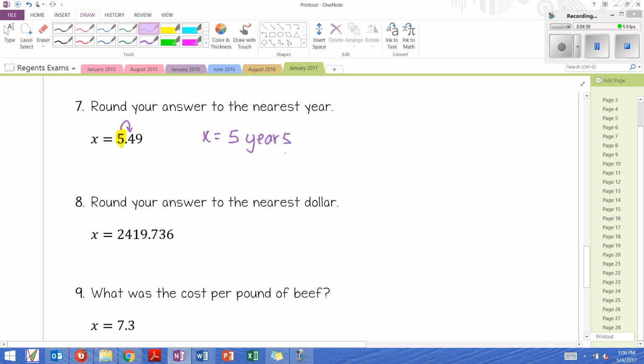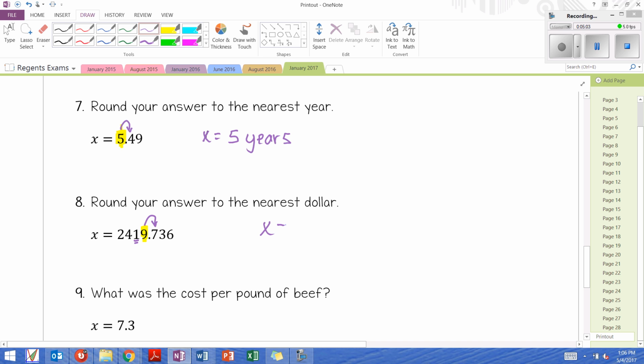Number 8, round your answer to the nearest dollar. That means, again, get rid of the decimals. Look at the ones place value, and what happens here? Well, the 9 has to be bumped up to a 10, so this is a tricky case where we also have to worry about the 1.